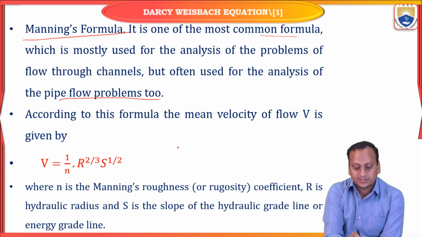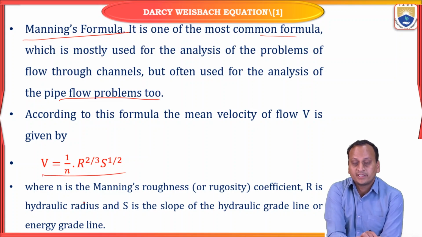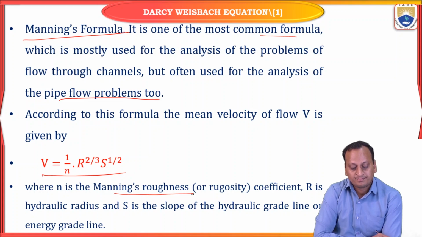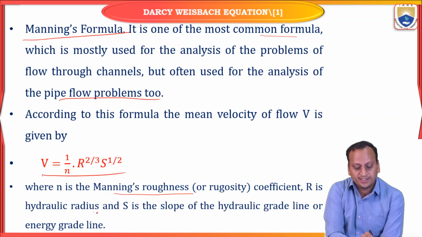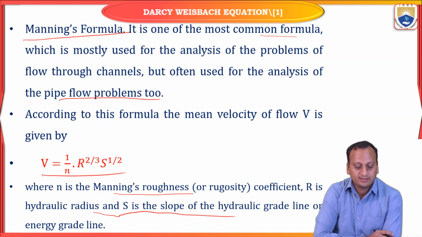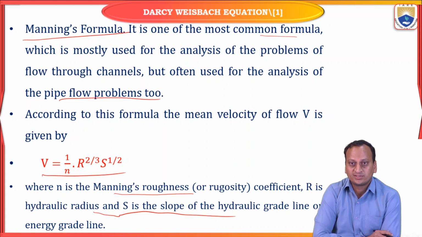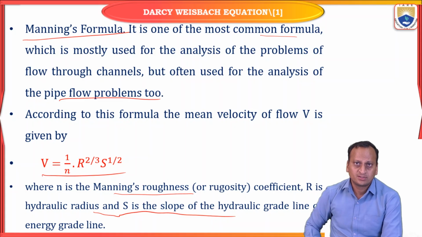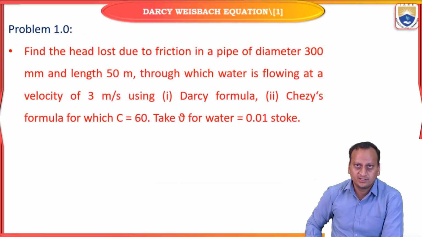According to this formula, velocity V equals 1 by n into r power 2 by 3 and s power 1 by 2, where n indicates the Manning's roughness, r is the hydraulic radius, and s is the slope of the hydraulic grade line. Based on the hydraulic gradient line and total energy line, we can calculate the slope of the line. So this is also used for the major energy loss.